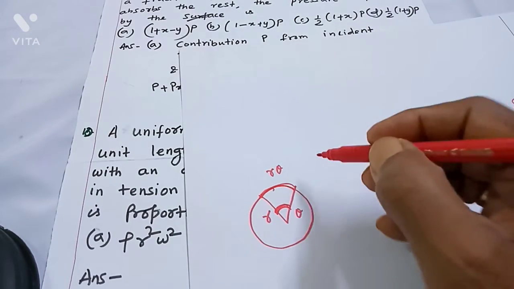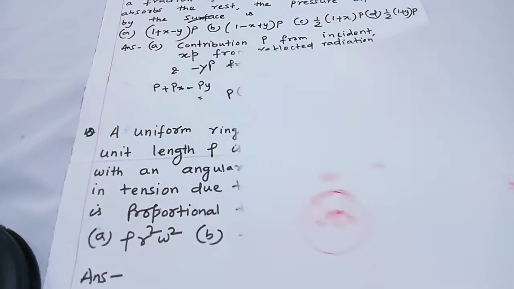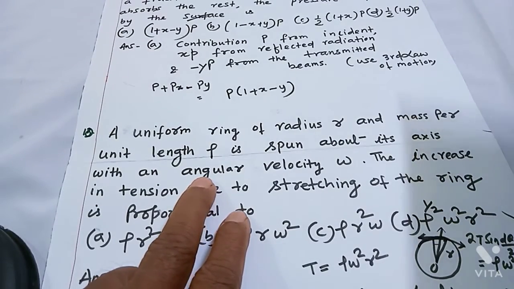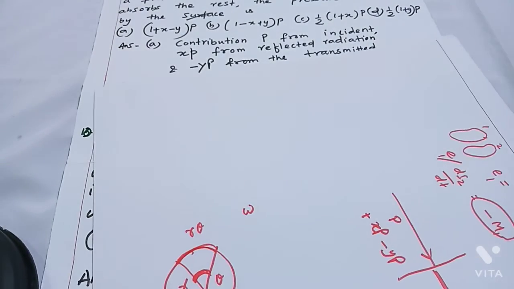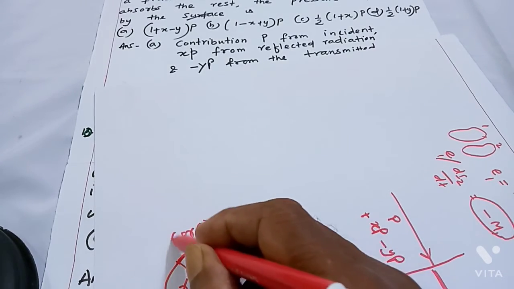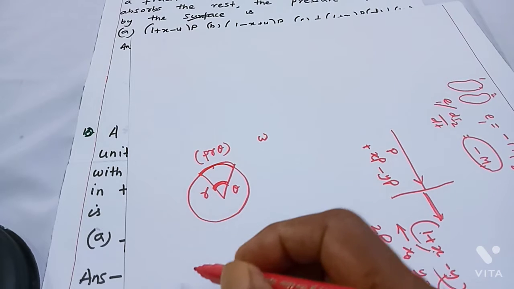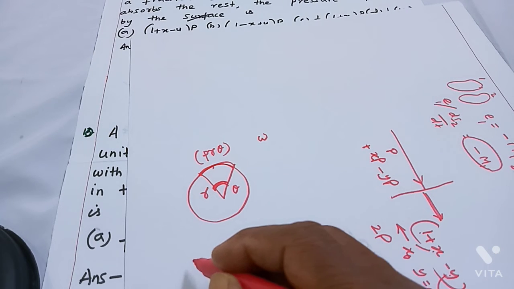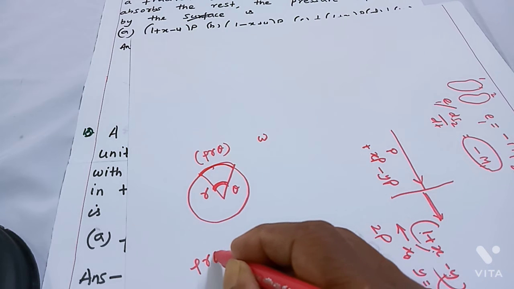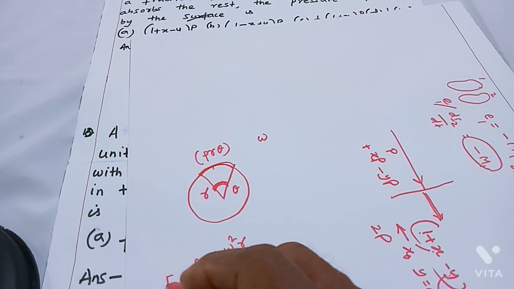Now it revolves at an angular velocity omega, and it is given that mass per unit length is rho. Now the mass of the elemental ring is rho into r theta. So when it revolves at an angular speed omega, the centripetal force is m omega square r. This is the centripetal force.